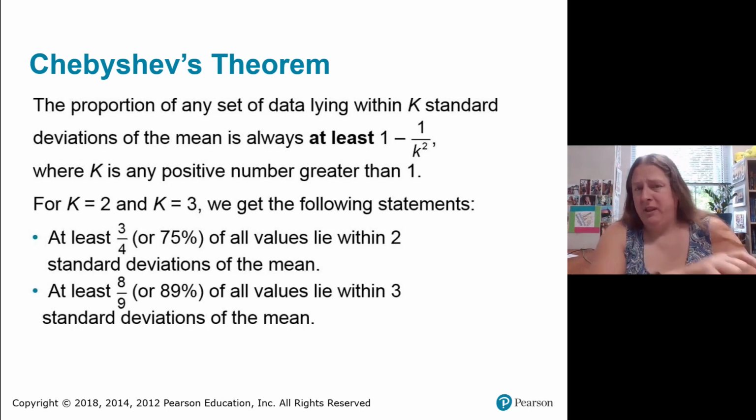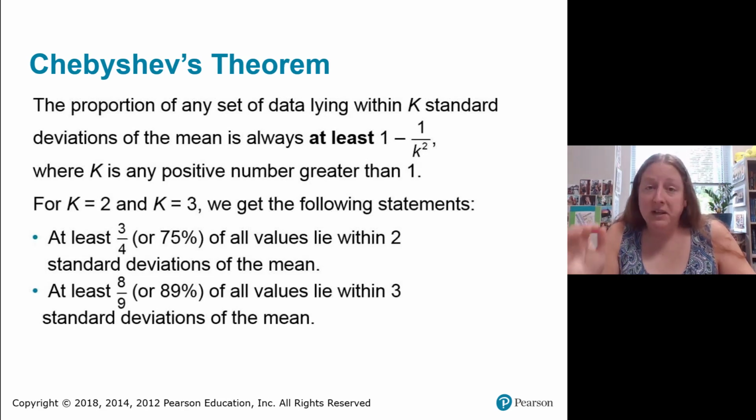So we know that at least 75% of all values lie within 2 standard deviations of the mean. You might remember with our bell-shaped one, that was 95%, so the bell-shaped one is a stronger statement, but it's only applicable to those bell-shaped data distributions. This one applies to all data distributions. All right. So even though this is a smaller percentage, it applies more broadly. Okay, so unless you know the distribution's bell-shaped, this is the way you want to go.